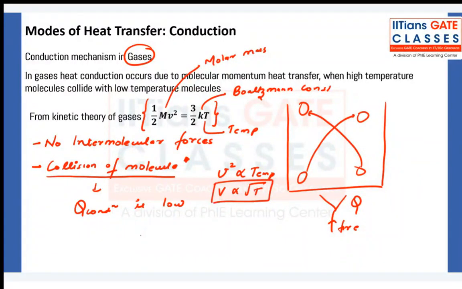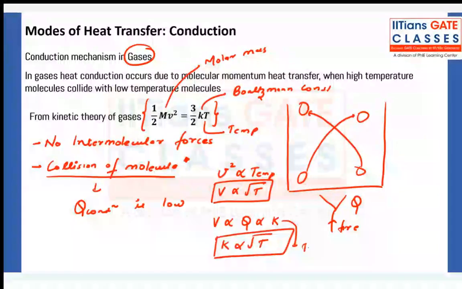So velocity is also proportional to heat transfer, and we will see thermal conductivity very soon. Therefore I can also write that k is directly proportional to T. This is thermal conductivity. We are going to see thermal conductivity in much detail. So this equation is important; both equations are important.